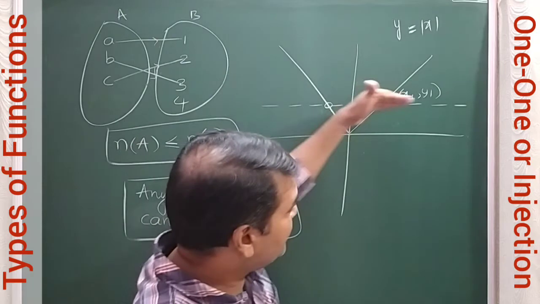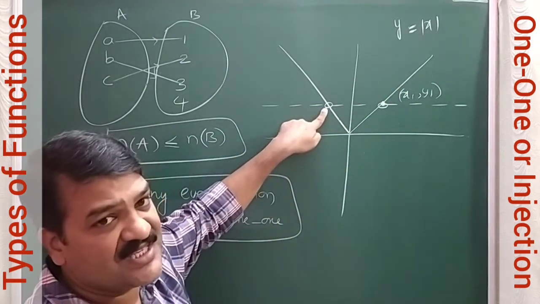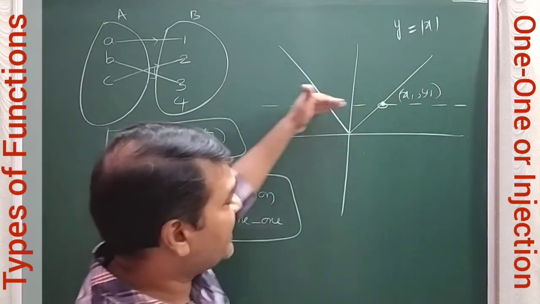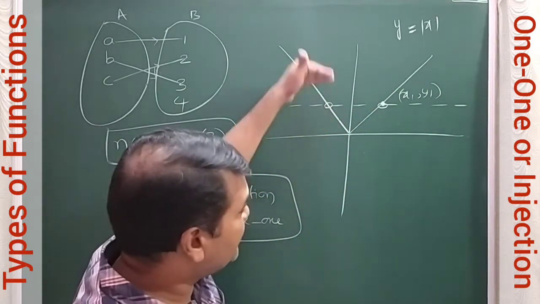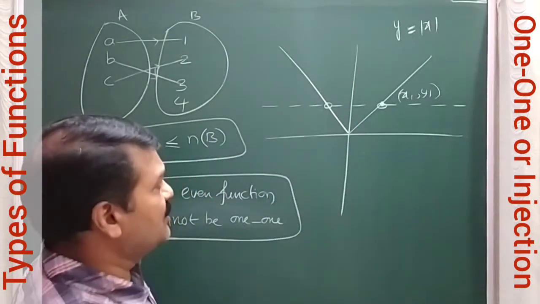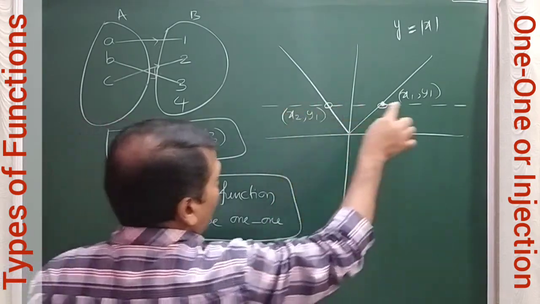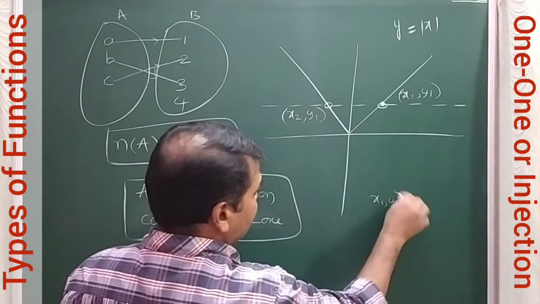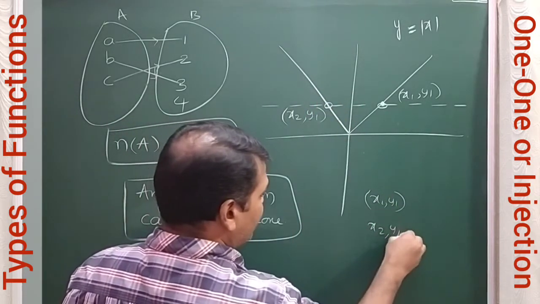Since this is a horizontal line parallel to the x-axis, the y coordinate will not change throughout this line, because the height of the line is not changing. Only the x coordinate will change. So for this other point, I will take (x2, y1). So (x1, y1) is on the curve, and (x2, y1) is also on the curve.